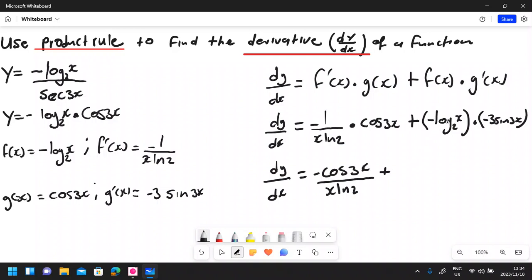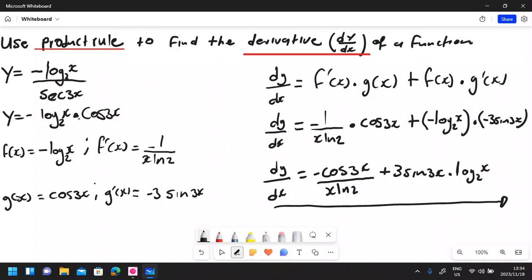So negative log base 2 of x multiplied by negative 3 sine 3x, what is our answer? Our answer is going to be positive 3 sine 3x multiplied by log base 2 of x. Guys, this is the final answer.